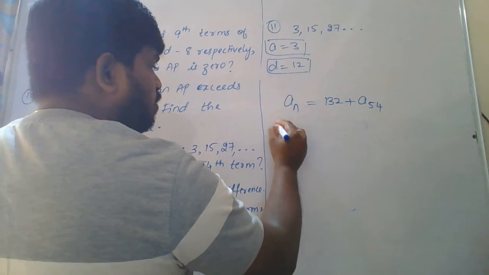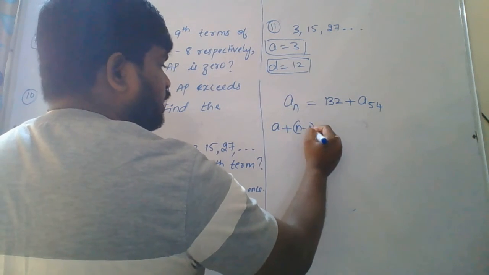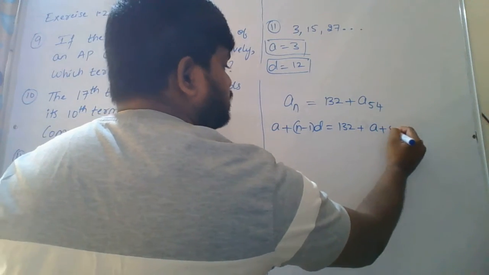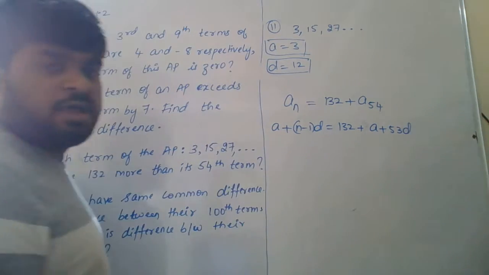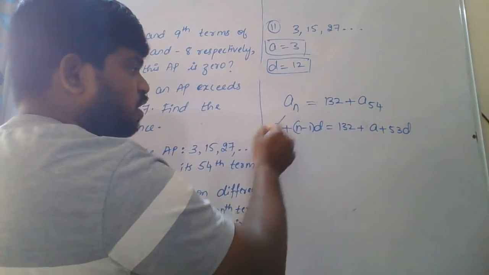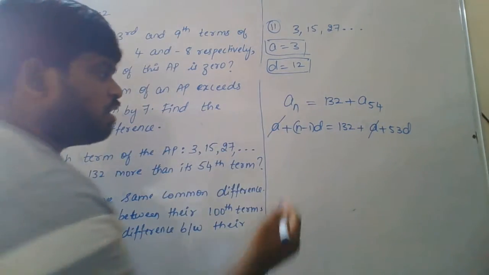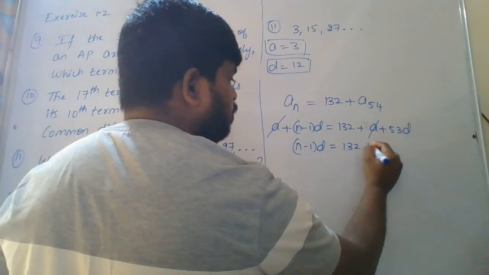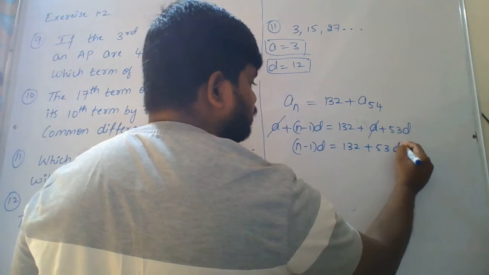Now substitute a in the formula. A plus n minus 1 into d equals 132, plus, below, A54, which is a plus 53d. As you can see, both sides, LHS and RHS, have positive a, cancel it. So you're left with n minus 1 into d equals 132 plus 53 into d.